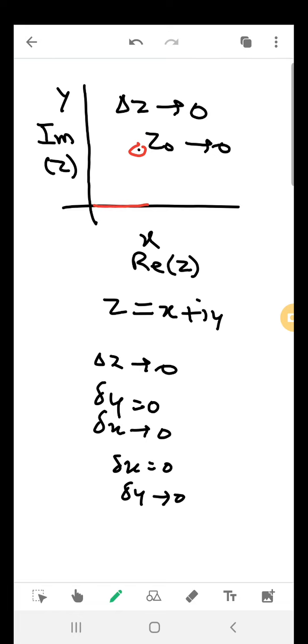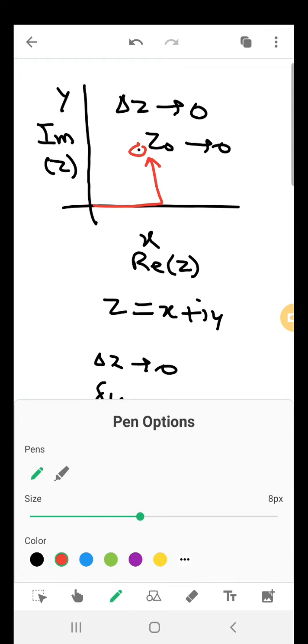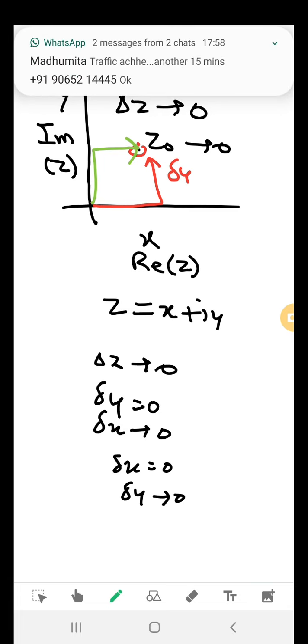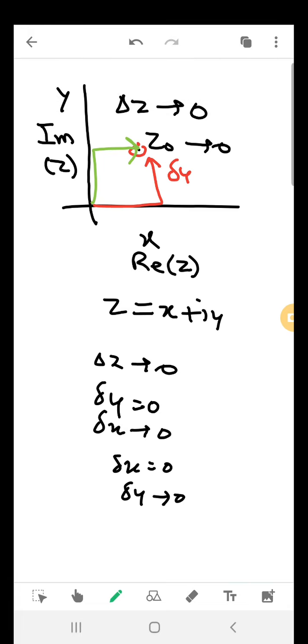That means that we can come to this point in two different ways, either like this or like this. If we are going in this direction, the red one, it means that delta y tends to 0 and delta x is equal to 0.